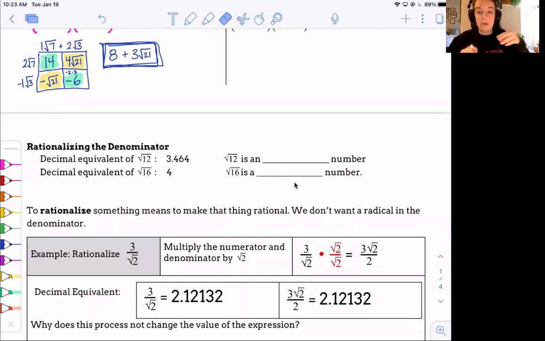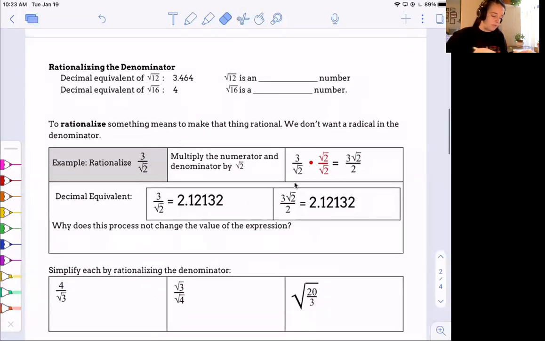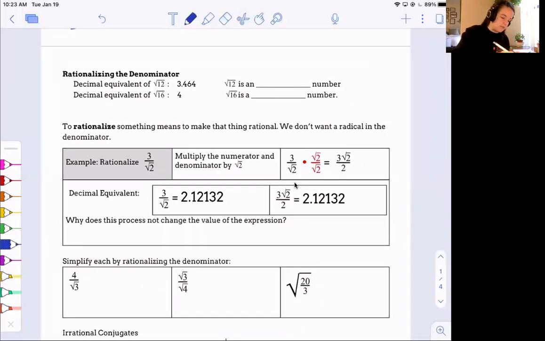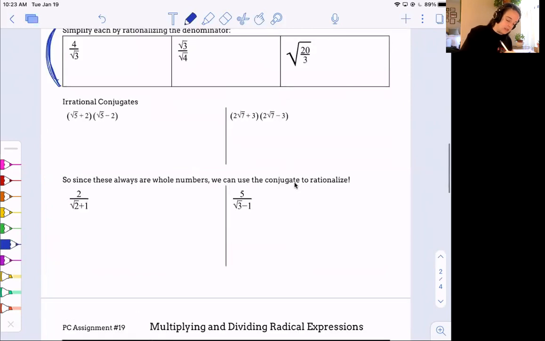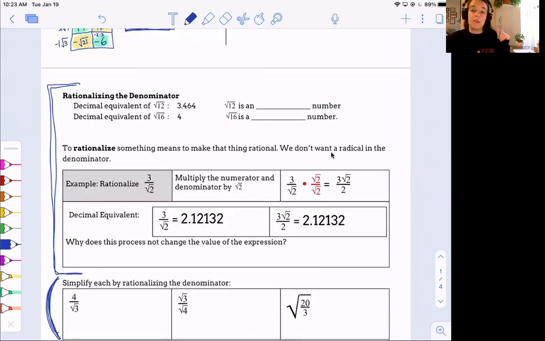For right now, I want us to just focus. I'm going to talk through this portion here, and this portion here. And then we're going to work through this portion here, and I want us to do these before we go, right? That's why I want us to talk through this and not write it down, because I'm going to go a little faster than I would normally go if we were taking notes. Okay. Capiche?